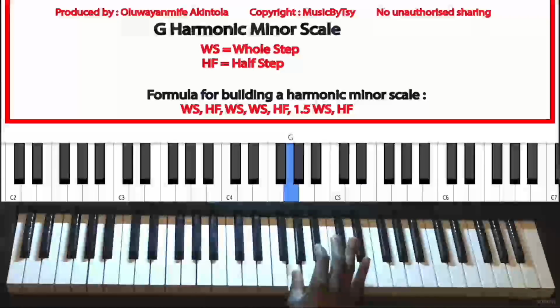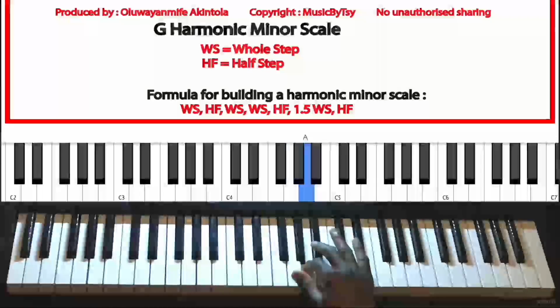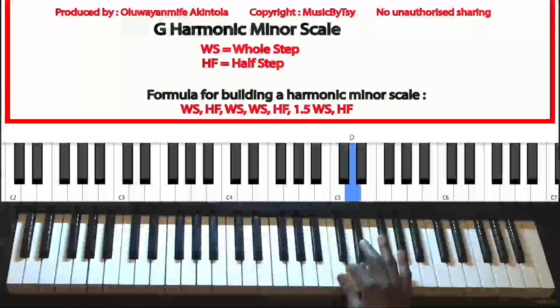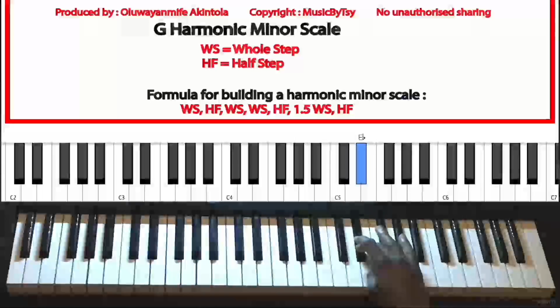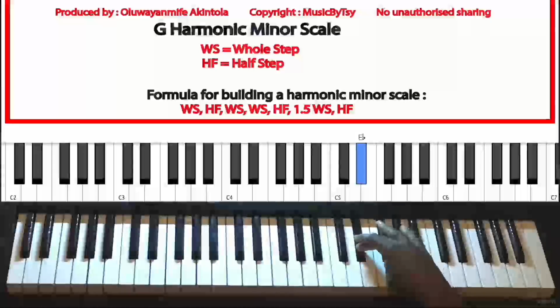Starting from the key of G, we're going to count the notes as we move up the scale. 1, 2, 3, 4, 5, 6. Now the seventh note would have been the key of F if we were building the G natural minor scale.